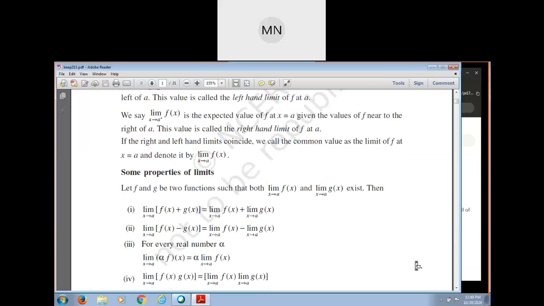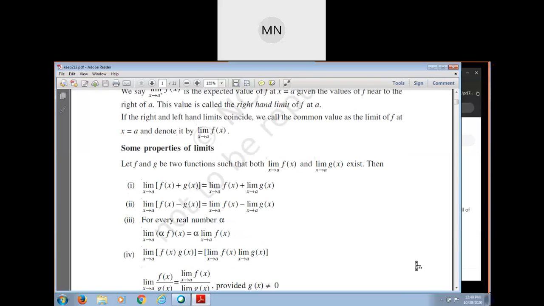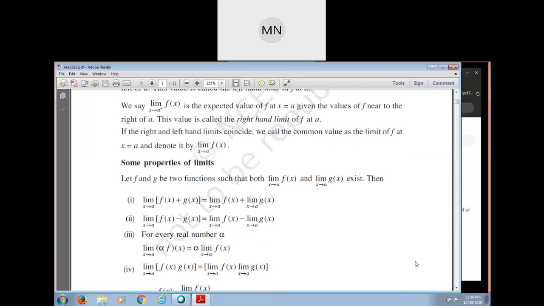Next one is some properties of limit. Suppose f and g are two functions such that a limit exists at x equals a for both f and g.